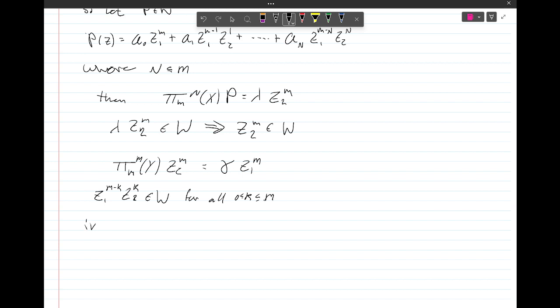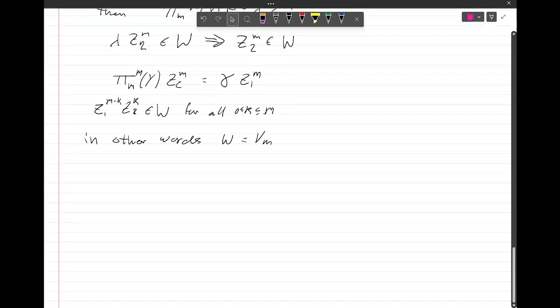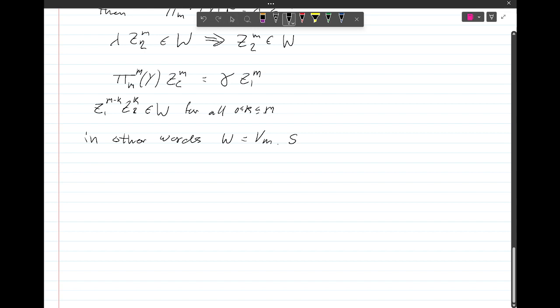In other words, W is equal to Vm, so pi m is irreducible.